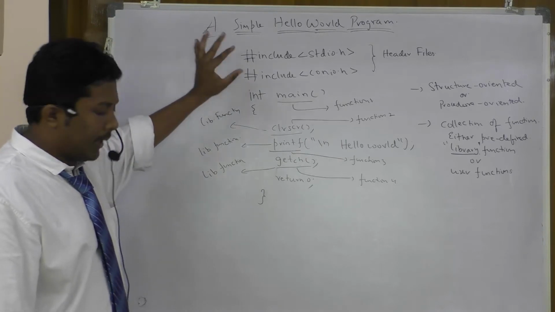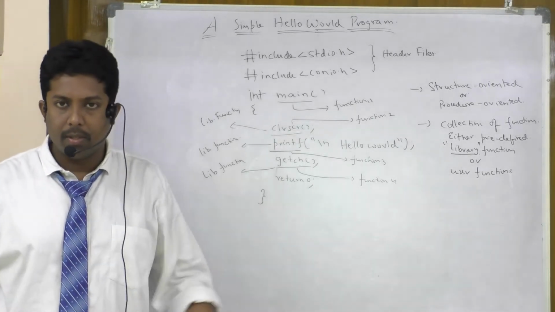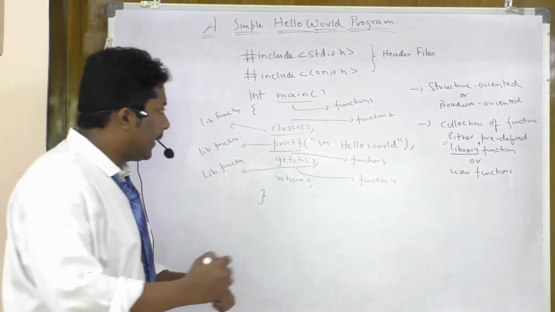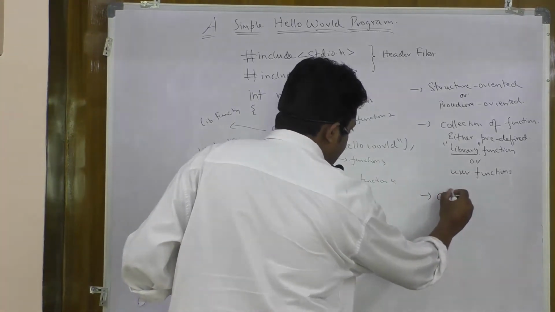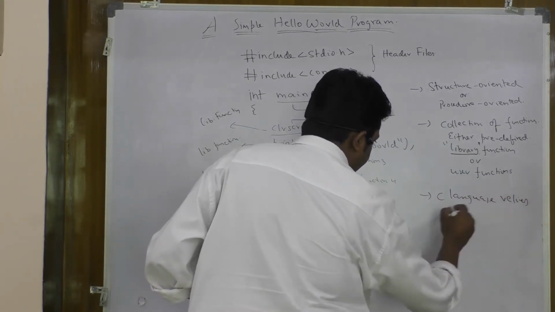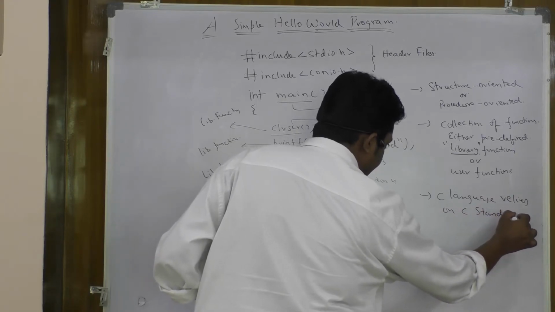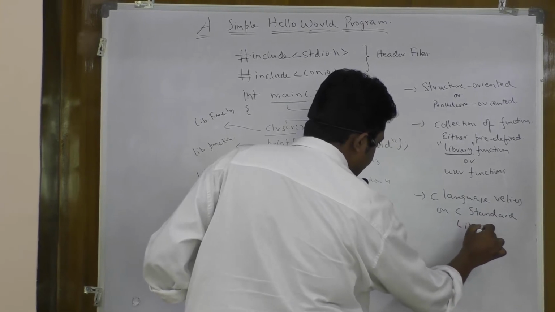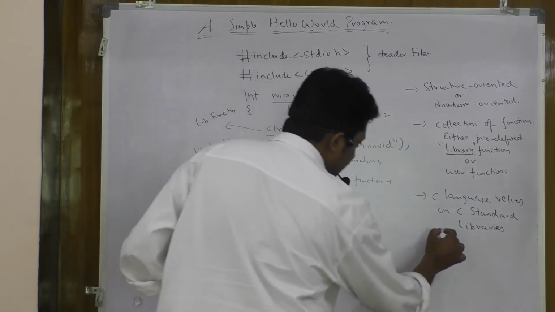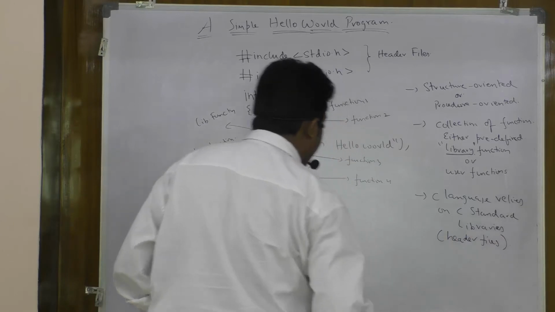C language does not have built-in support at the language level for various functions. It relies on the C standard library. The C standard libraries are nothing but these header files and their definitions.